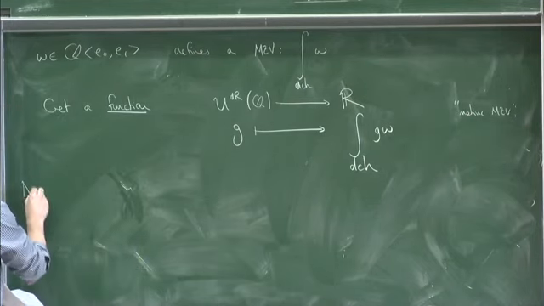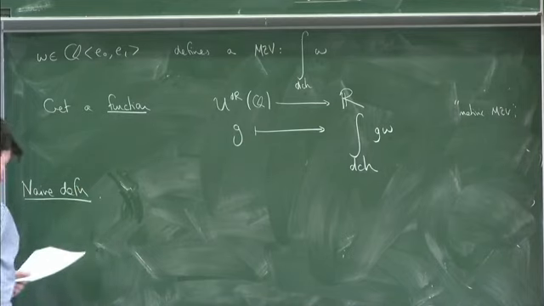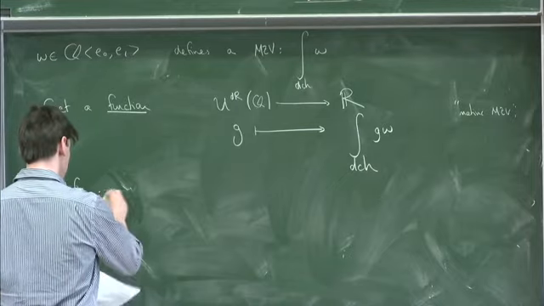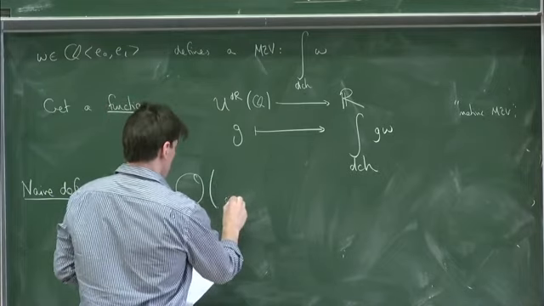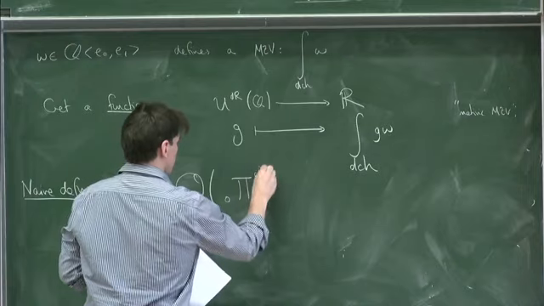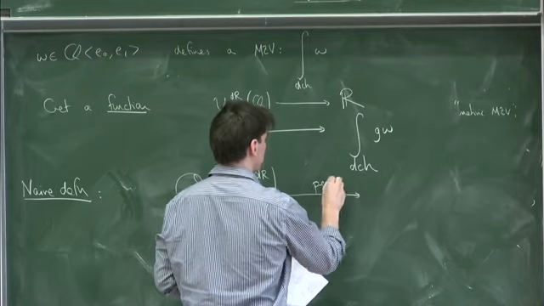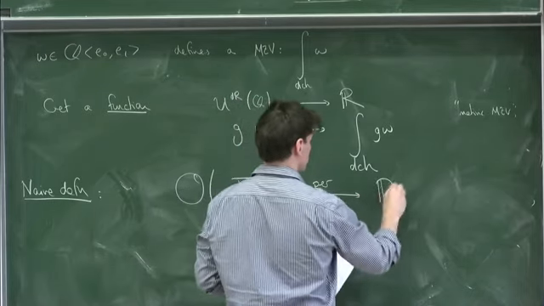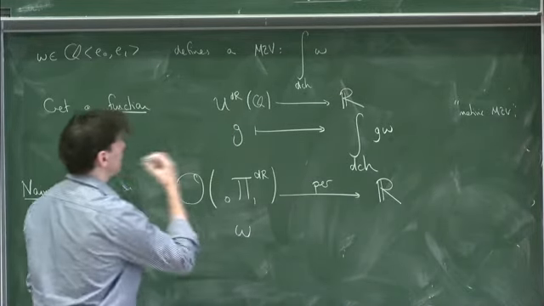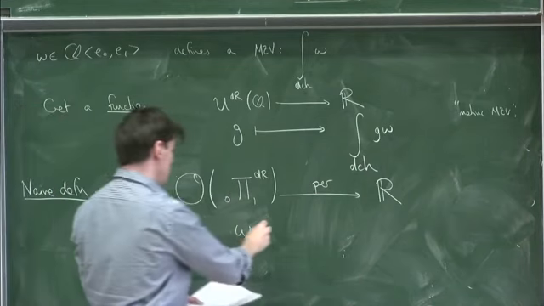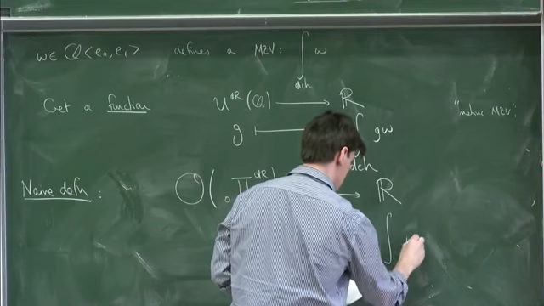So here's a naive definition. This is the actual definition, but again, it's still a slightly naive point of view. From the first lecture, there was the period map, which to a word in e0, e1 associated the integral along the straight line path of omega.